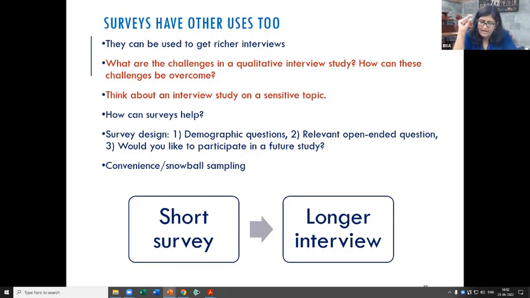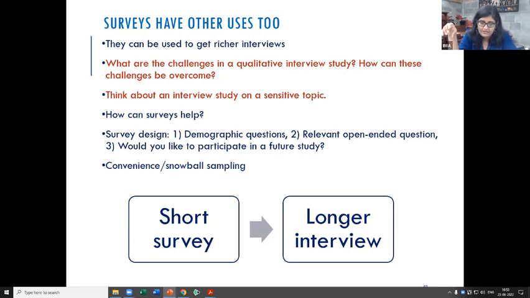Also, ask maybe one open-ended question: can you give an example of when you experienced domestic violence? Number one, you are capturing sensitive information without making the person uncomfortable. And number two, if the person says that they have not experienced domestic violence, then you don't even interview that person because they are not eligible to participate in your study.